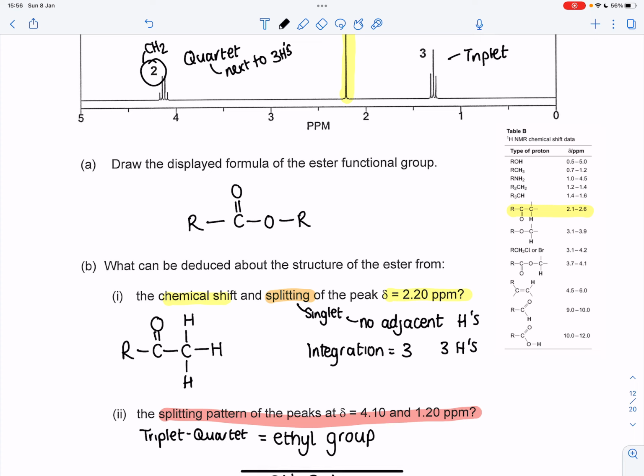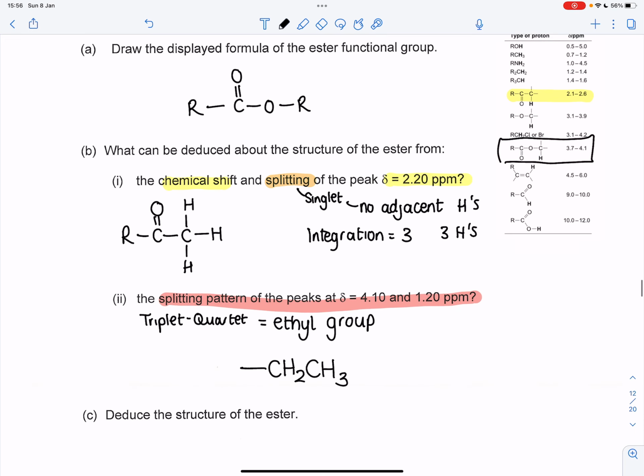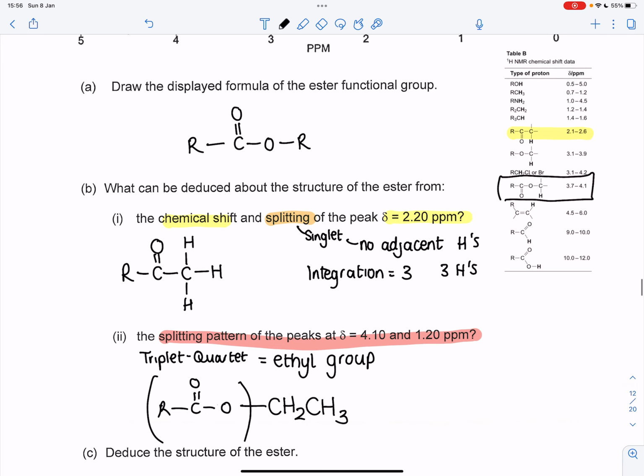So we can see where the ethyl comes from, because it's a CH2 next to a CH3. And the location 4.1 probably indicates it's of this type. So this ethyl group is probably, we can attach to the O of our ester from the information from its chemical shift. That isn't actually asked for in this question, that's why I've put it in brackets.